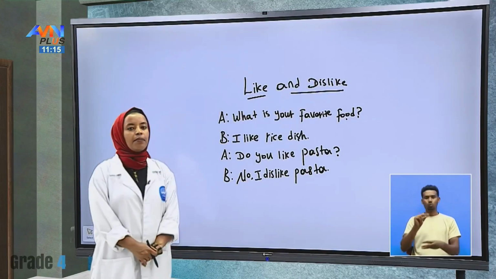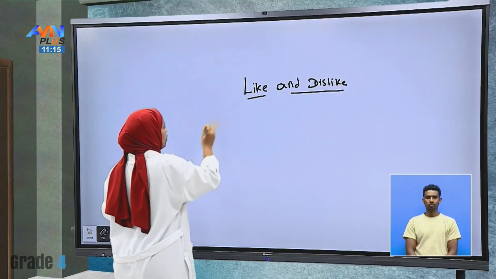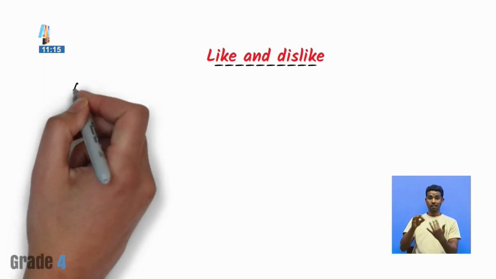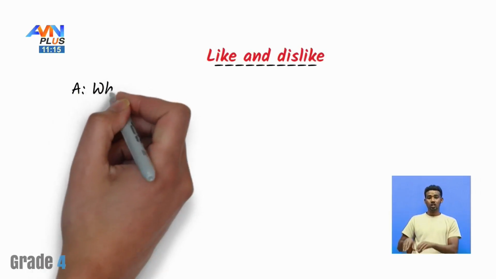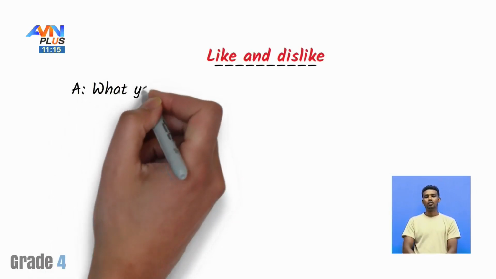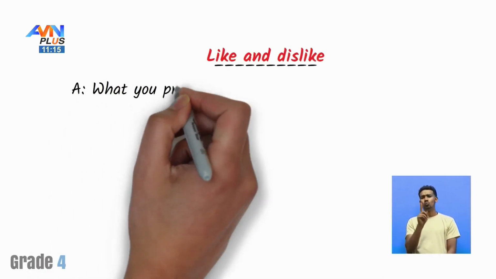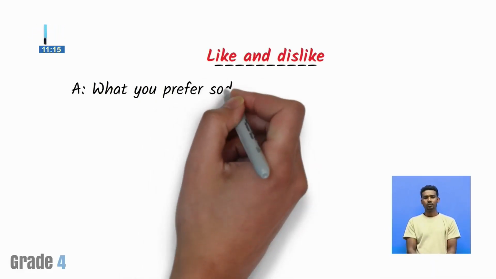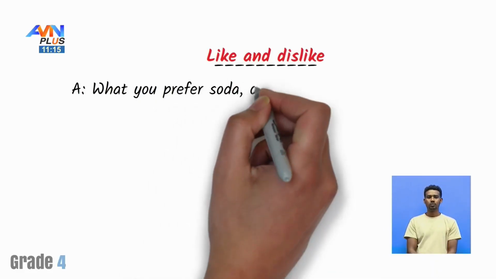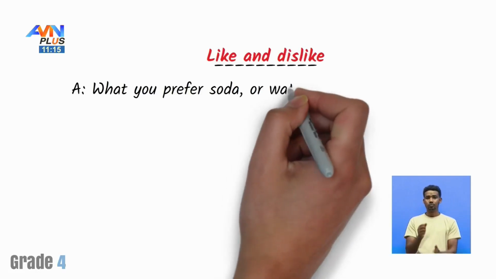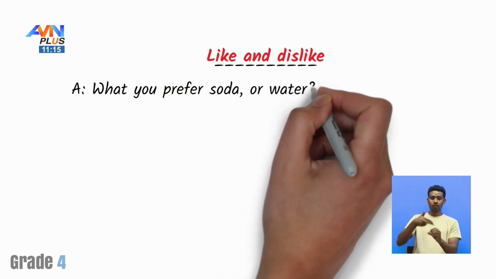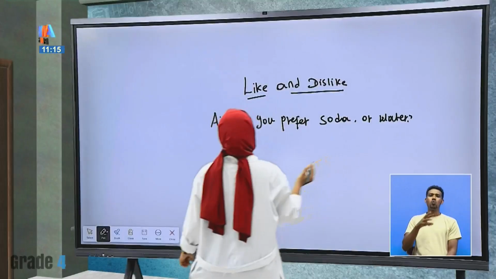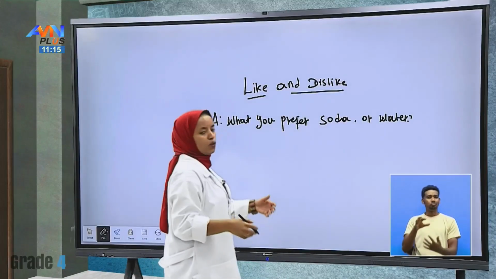No, I dislike pasta. Here is, let us continue with prefer. Student A, what do you prefer? Here are some topics, soda or water. You can say what you prefer and also what you are going to drink.